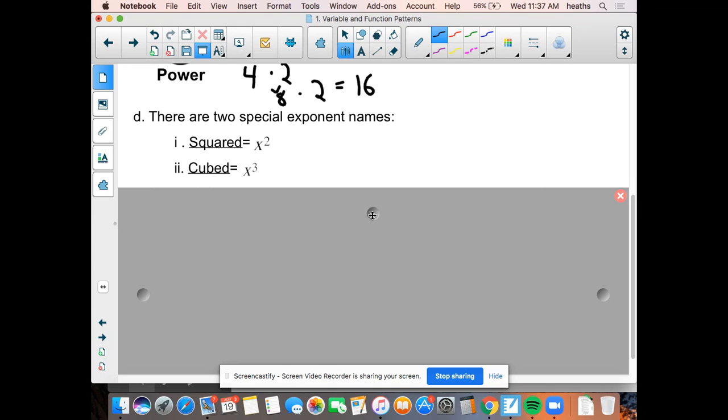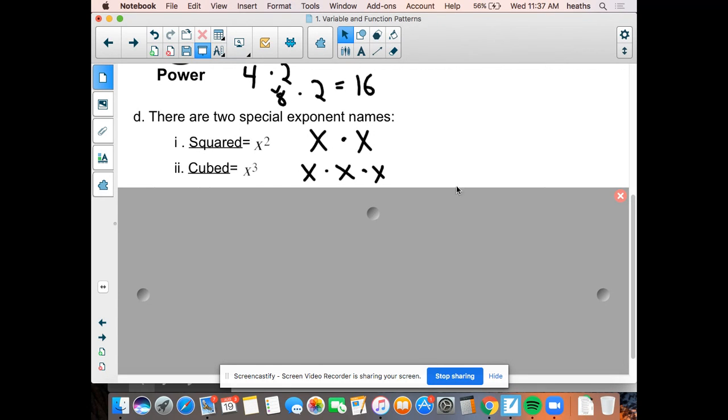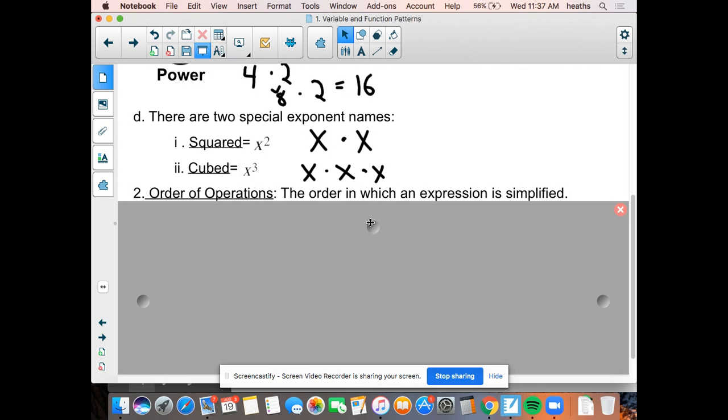So squared, x to the second, would mean x times x. X to the third would mean x times x times x. So three x's being multiplied by each other. Okay?